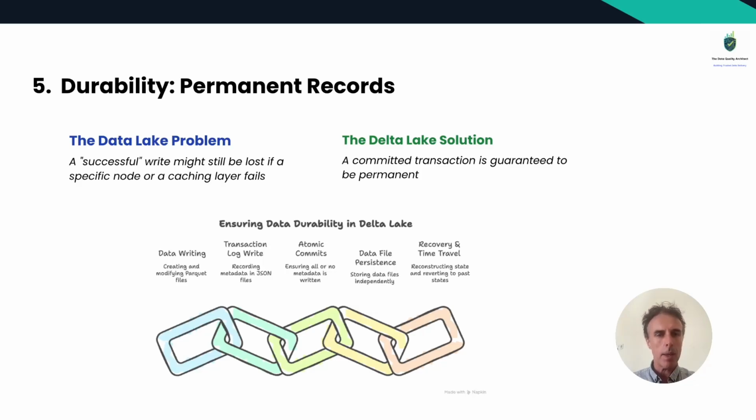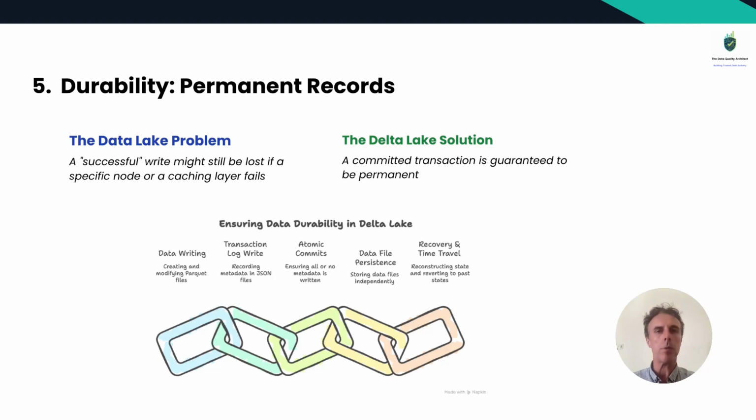On restart, Delta Lake reads the log to reconstruct the current table state. If a partial write occurred, the log ensures only completed transactions are recognized, preventing data corruption and allowing you to revert to older, consistent states, which we will discuss a bit more in a further video.